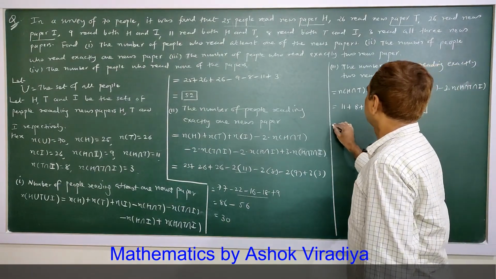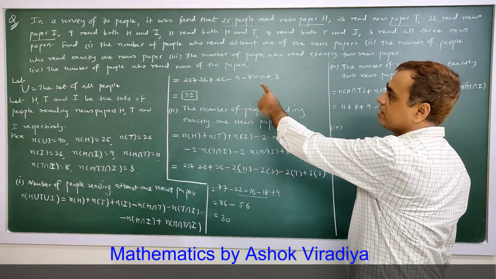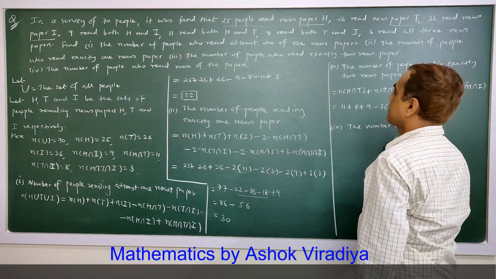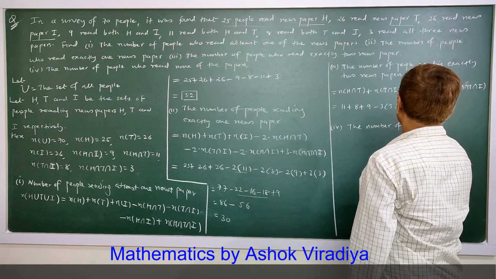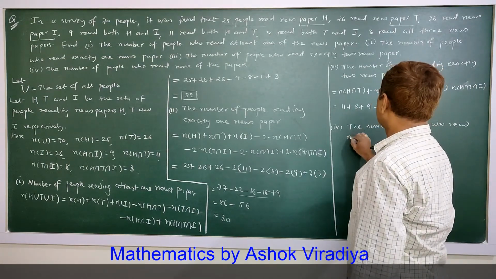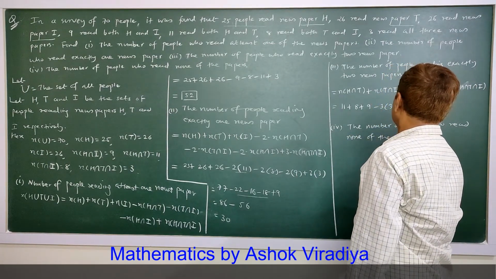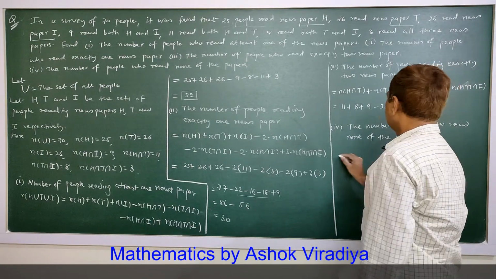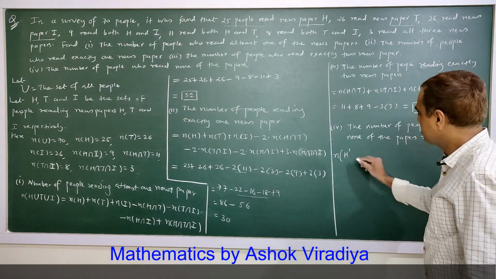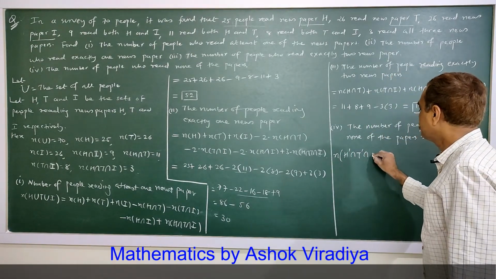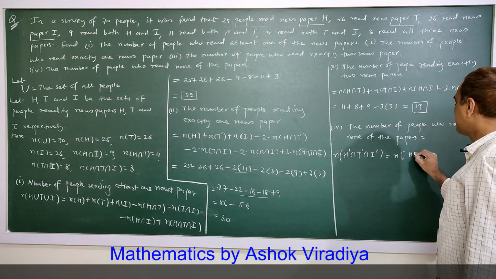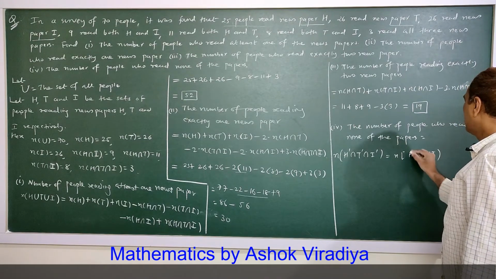Then the fourth question, the number of people who read none of the newspapers. That is the number of elements in H dash, not H, not T, not I. That is the number of elements in H union T union I whole dash.